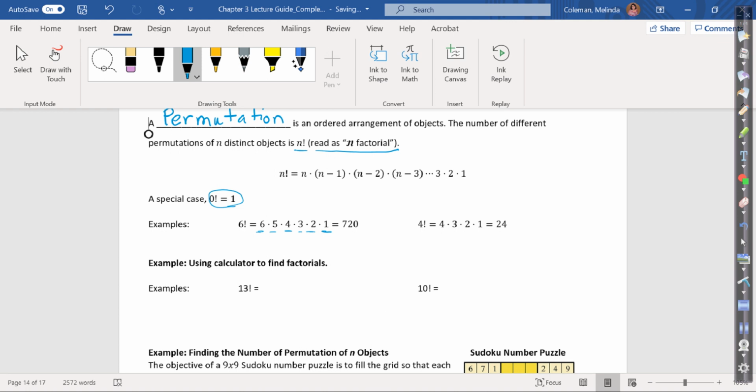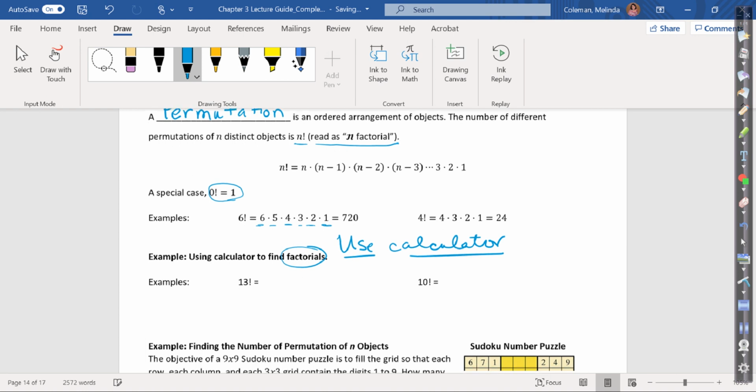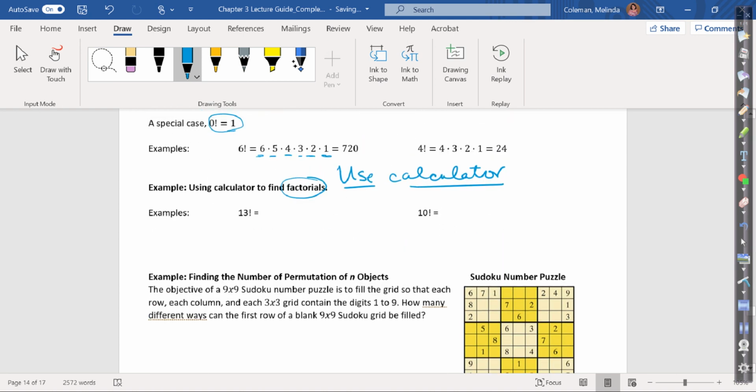What's nice about this is we can find factorials on the calculator. There's an actual special button. So let's take a look at the calculator. Let's do 6 factorial first, and then we'll find the answers to the others.